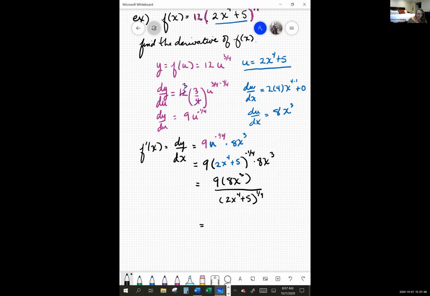So 9 times 8 is 72, x cubed, all over that 1/4 power. We can rewrite this as a radical. The denominator is what index you're taking. So we're taking the 4th root of 2x to the fourth plus 5.